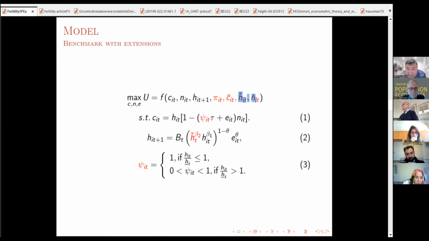And the other two: the human capital externality, here we capture it by using average human capital, but it can be some sort of benchmarks, especially if you do empirical work, then maybe you can also try to use other benchmarks. And N bar also captures the average fertility in the society, which might also drive the fertility of individuals.